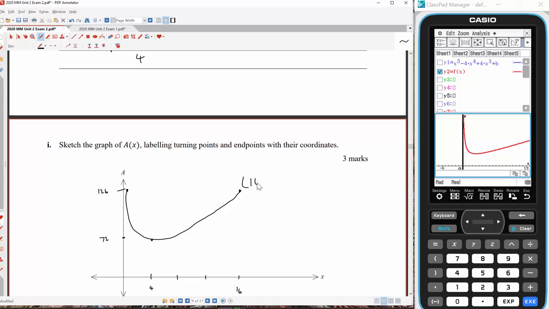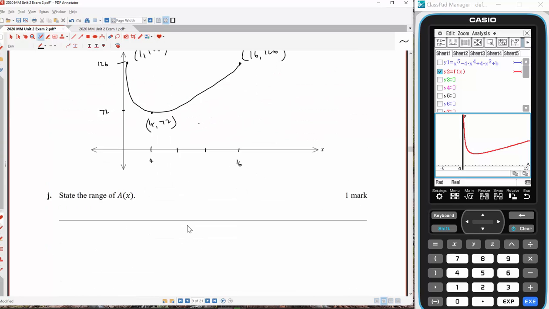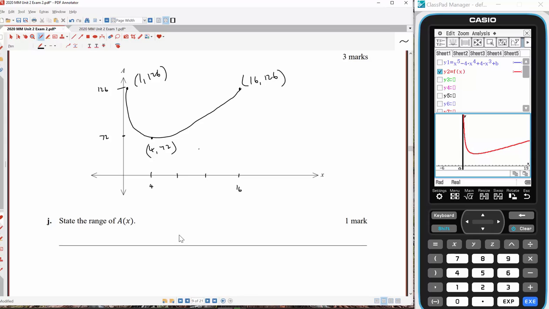So that's going to be 16, 126, 1, 126 and 4, 72. State the range. So y is an element, lowest value is 72, highest value is 126.